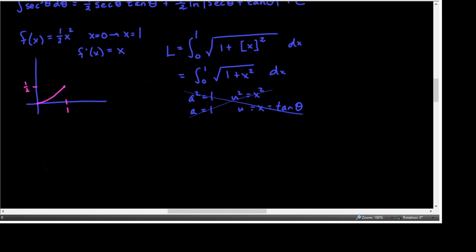Let's instead use theorem 8.2 and notice that we have the square root of, well, it's u squared plus a squared is the formula. Okay, well, I didn't need to erase all that. Oh well, that's okay. So let me do it as if I were, pretend like I'm not going to do the trig substitution idea, but use this theorem instead.